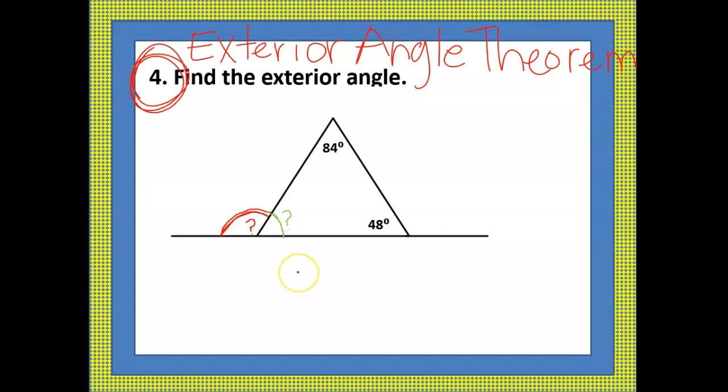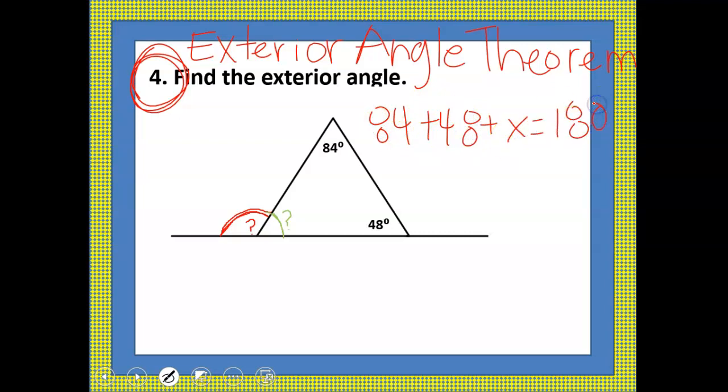So there's 2 ways to approach this. If I were a 7th grader, I would say, okay, this is the inside of a triangle. I can figure the inside of the triangle out. I know that if I add up all of my insides, it should equal 180.